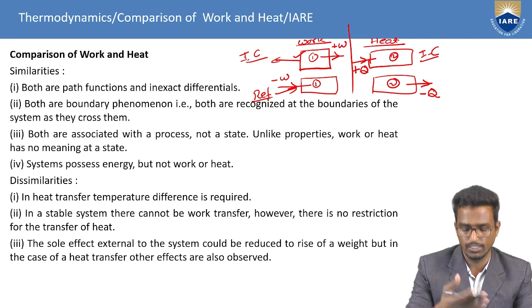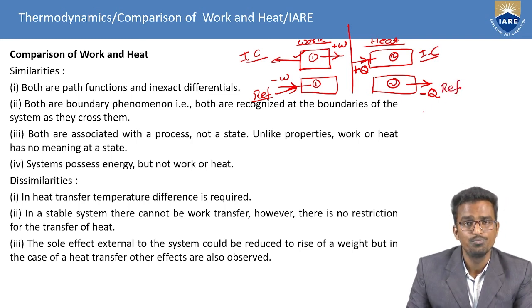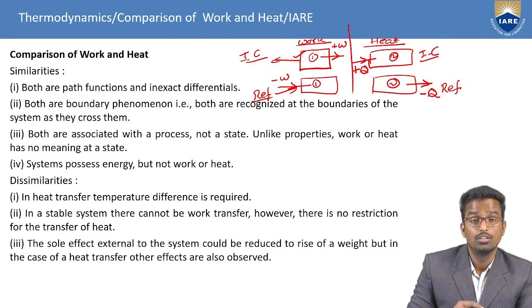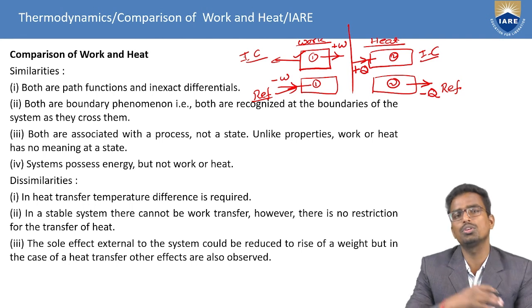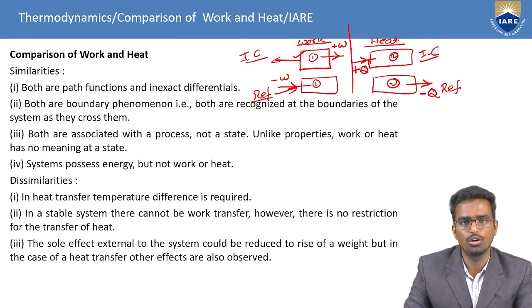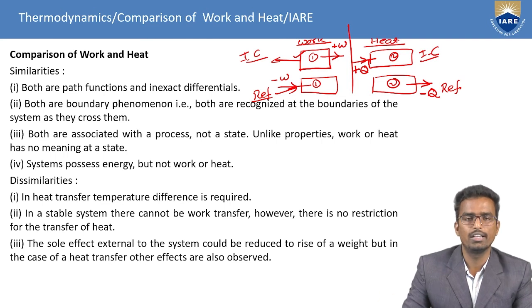The example for the other is also a refrigerator. Refrigerator means cooling, so to cool the substance, heat needs to be released from it. You call that releasing of heat. So you have to understand the sign convention for both.